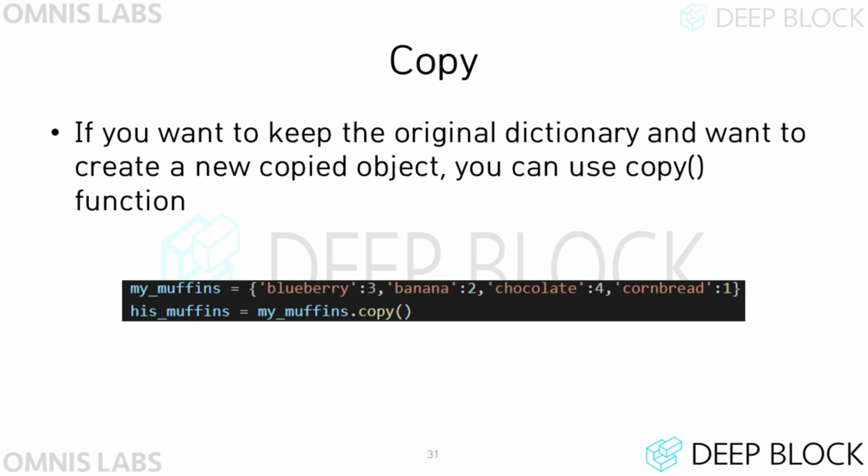Therefore, the hisMuffins variable that gets the return value of this function refers to a new dictionary stored in another data space. And even if myMuffins is changed afterwards, the value of hisMuffins does not change. Conversely, even if hisMuffins is changed, the value of myMuffins does not change.